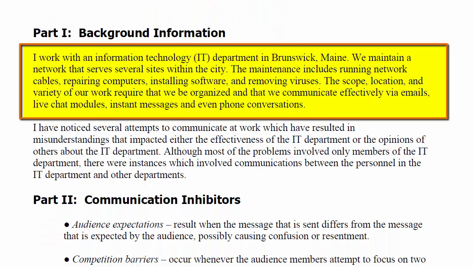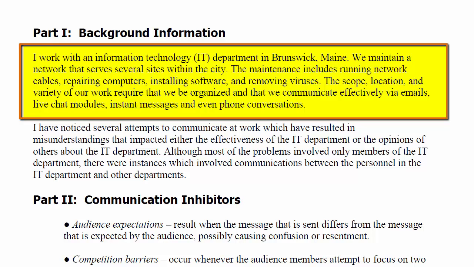Okay, let's read this section on background information. Barry writes, I work with an information technology IT department in Brunswick, Maine. Again, this is fictitious. We maintain a network that serves several sites within the city. The maintenance includes running network cables, repairing computers, installing software, and removing viruses.